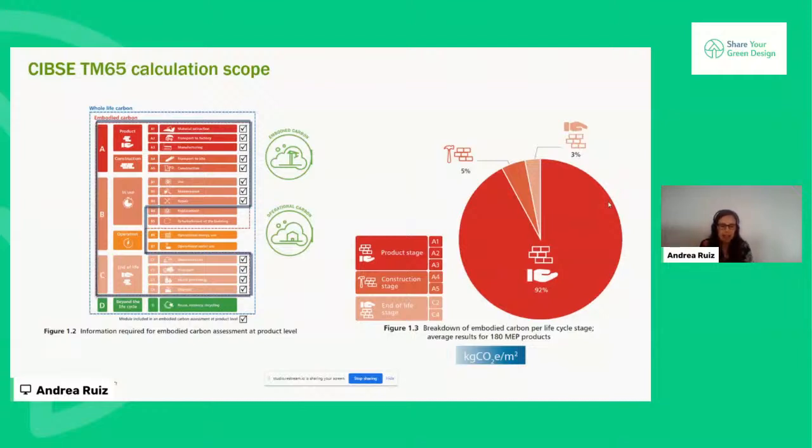One more thing I want to mention is that we generally measure these in kilograms of CO2 equivalent per square meter of the GIA of the building we're working with. So this gives us the set point and the strategy of how to approach the calculation, keeping in mind that it's at the beginning where we have the capability and the opportunity to make the biggest impact.